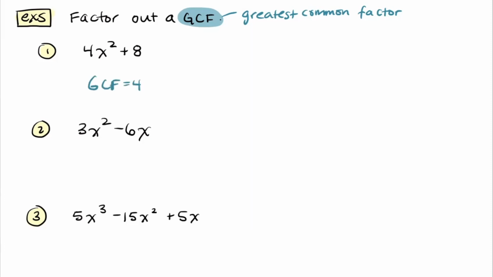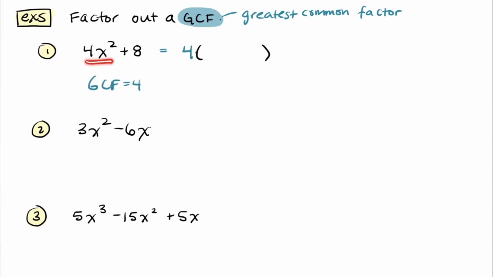And when you factor out a GCF, you put the GCF in the front. It's the opposite of the distributive property. Then you open up a set of parentheses because we're undistributing a 4 from everything.